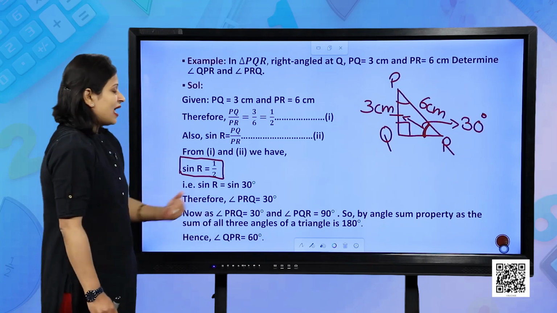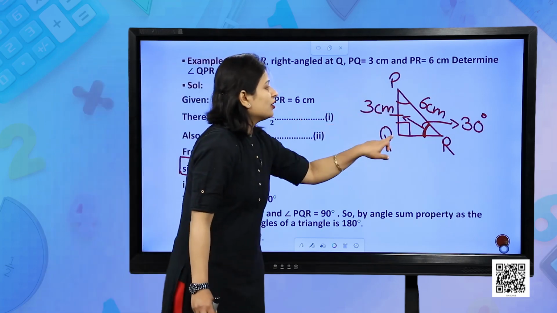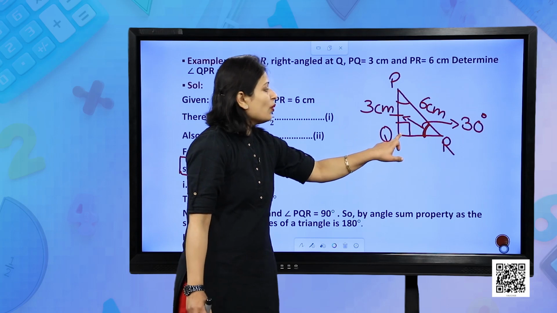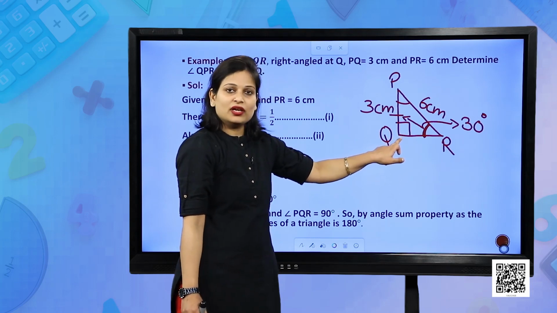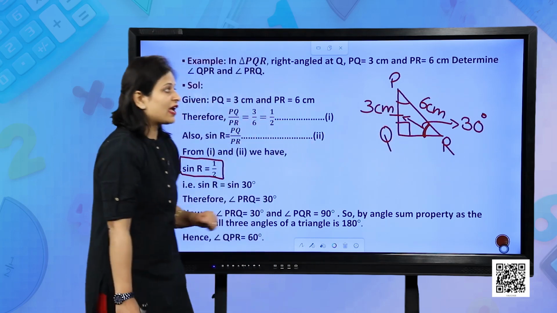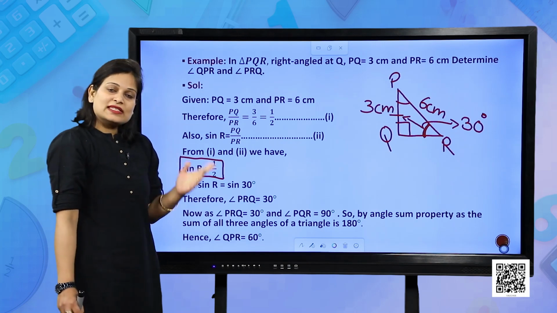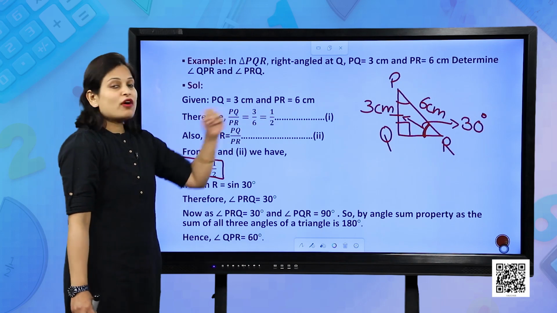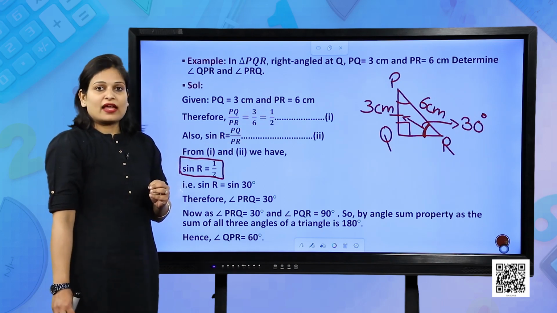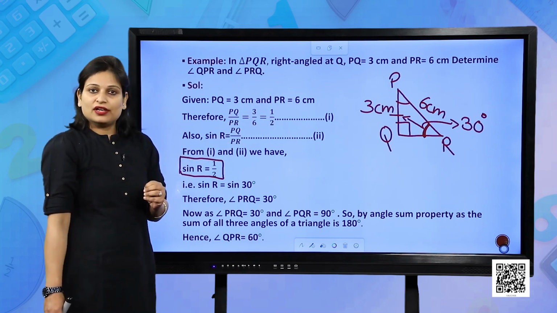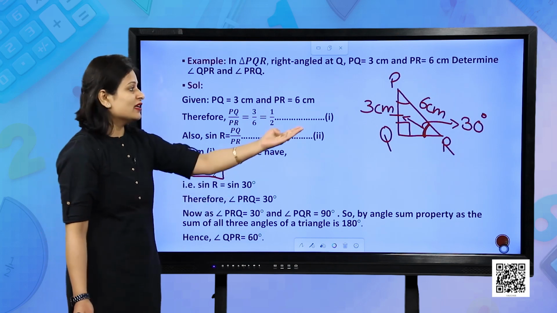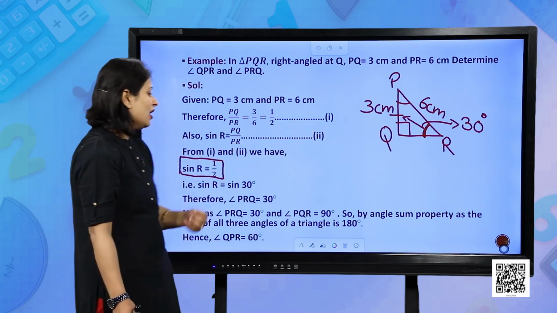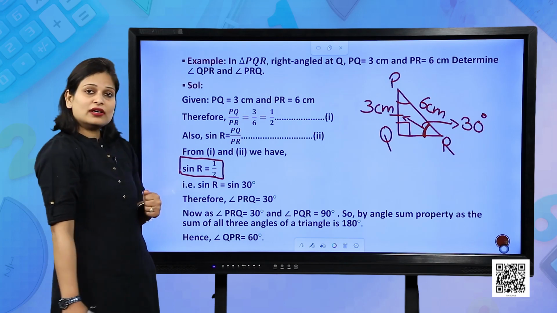Now, as angle PRQ is 30 and you know angle Q is 90 degree, can you calculate angle QPR? Just simply apply the angle sum property, which says the sum of all three angles of a triangle is 180 degree. You know two angles, one is 30 degree, one is 90 degree. Then what about the third angle?